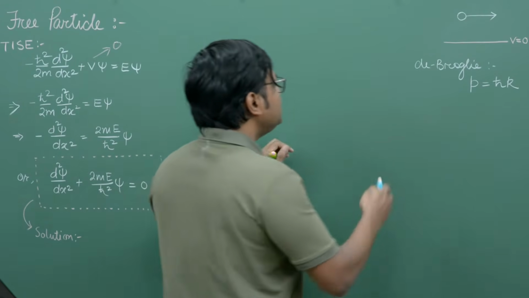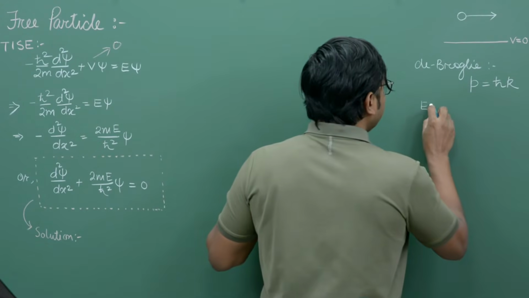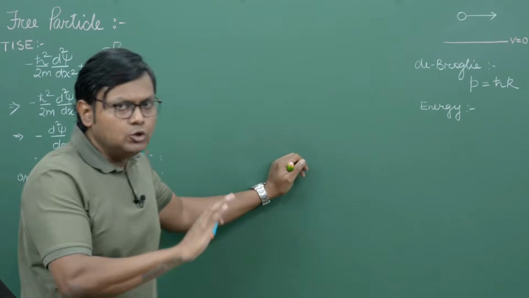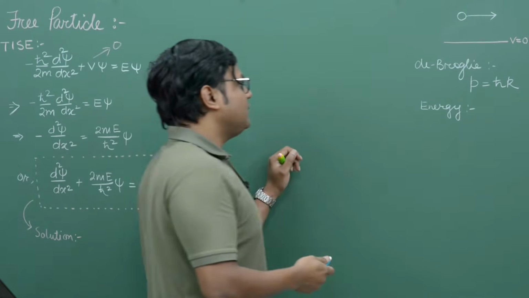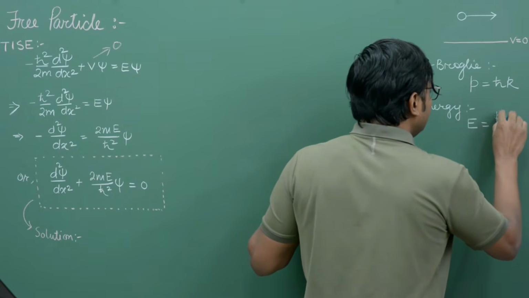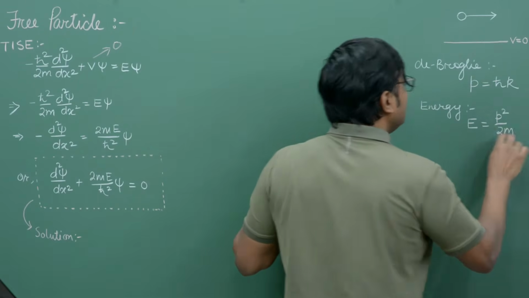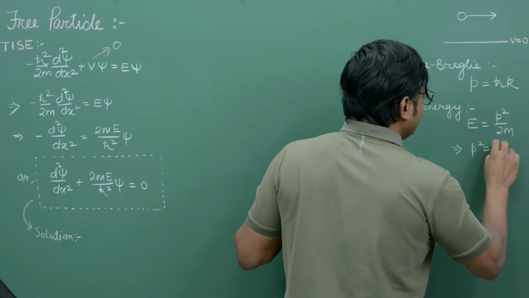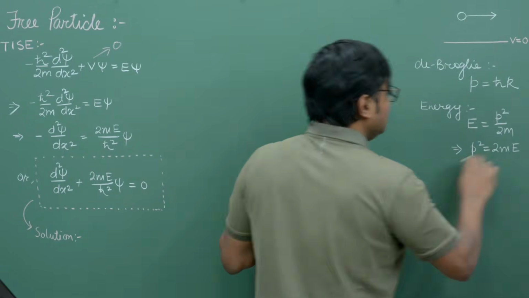Number two, when we talk about the total energy of the particle, it is experiencing no force. Therefore, the total energy of the particle is going to be purely kinetic. So E is going to be equal to p square upon 2m. So p square is equal to 2mE.